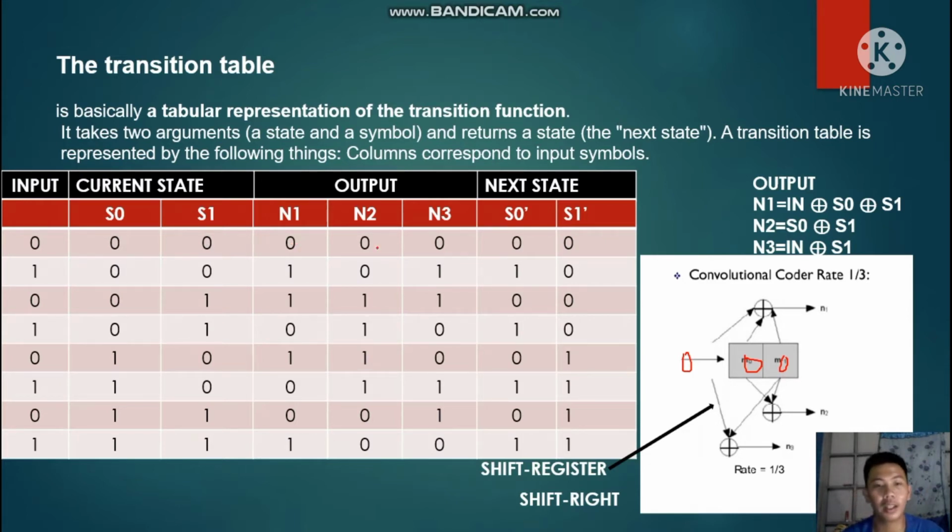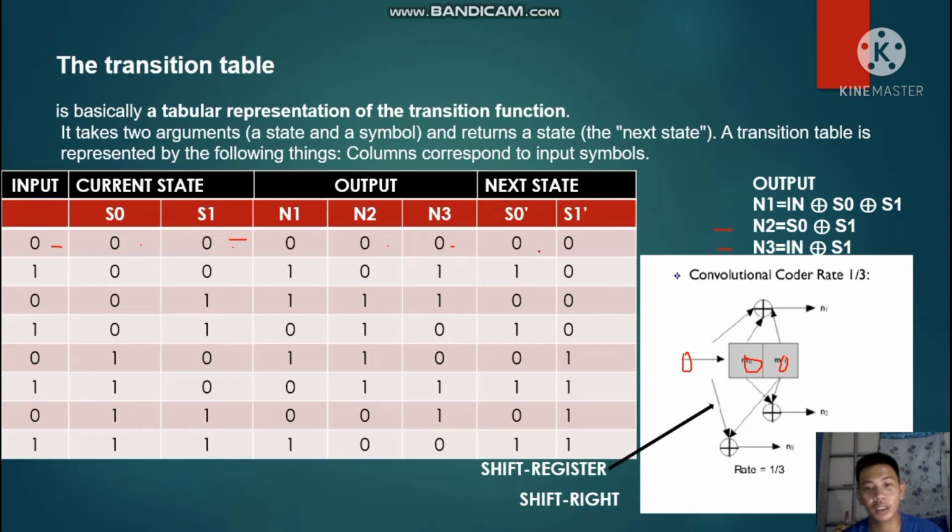So for getting the value of our N2, we have this formula S0 XOR S1. So 0 XOR 0 is equals to 0. For N3, we have here input XOR S1. So we have 0 input XOR S1. So 0 XOR 0 is equals to 0.